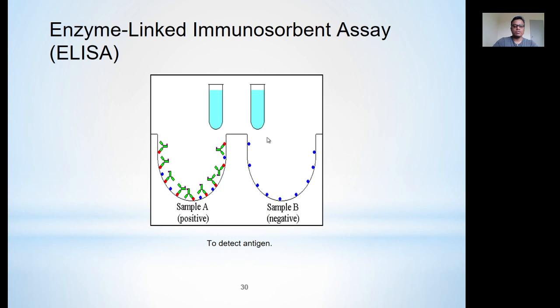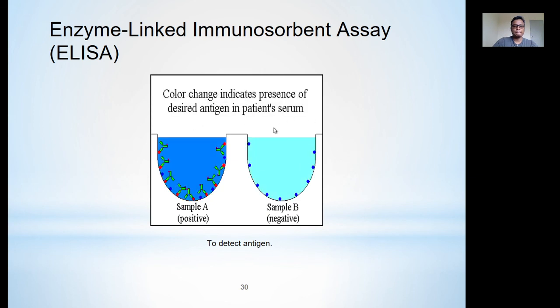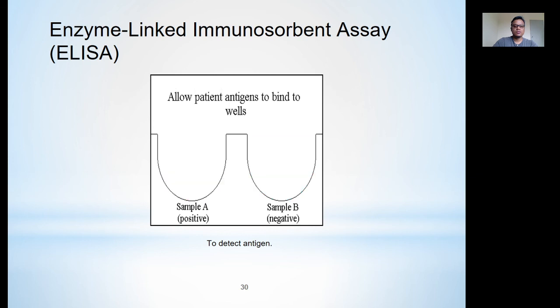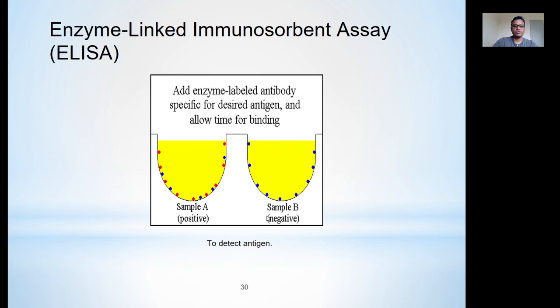Okay, we will look from the beginning. First, patient antigen will be allowed to bind to the well. So this is positive and negative. So we are looking for the red antigen, okay?